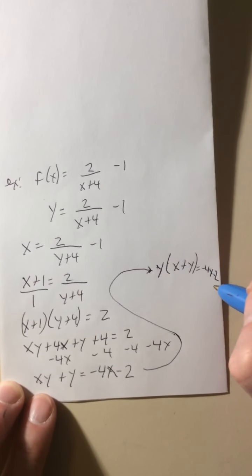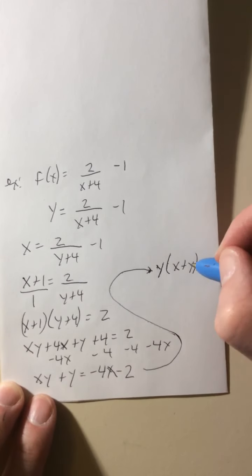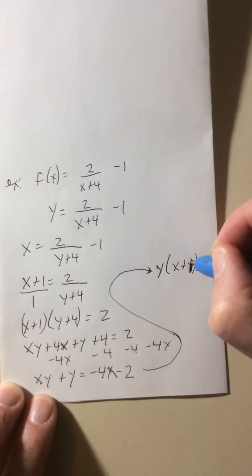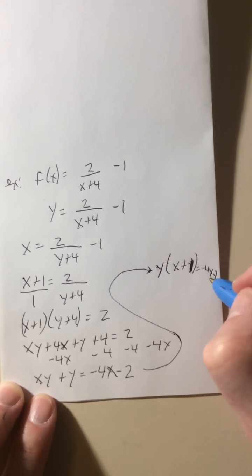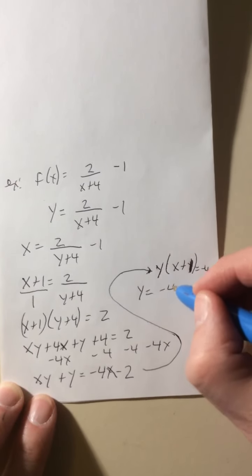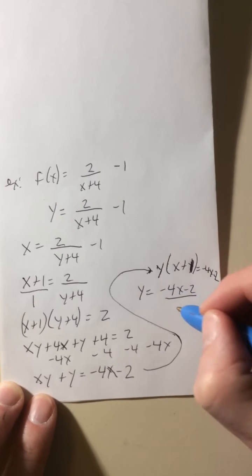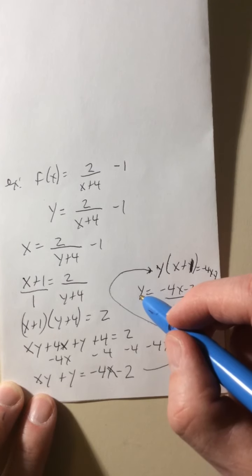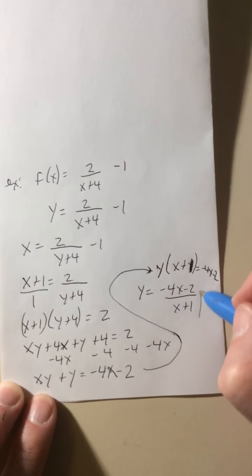And I'm going to divide both sides by, oops, that's x plus 1, by the way, not x plus y, x plus 1. So I'm going to divide everybody by x plus 1, so we get y equals negative 4x minus 2 over x plus 1. And with proper notation, that's f to the negative 1 of x equals that.